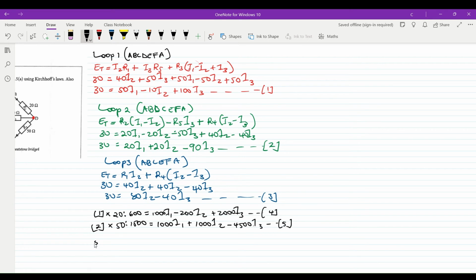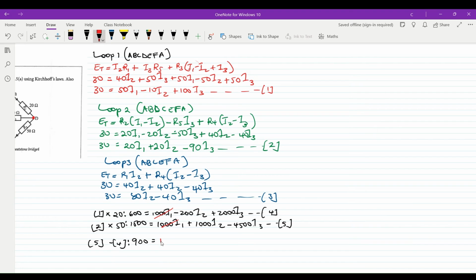And then we're going to say equation 5 minus equation 4. Punch in your calculator. 1,500 minus 600. This should give us 900. 1,000 minus 1,000 should cancel out. 1,000 minus negative 200, pardon me.